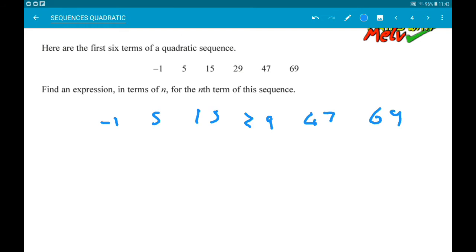So minus 1 to 5 is 6. 5 to 15 is 10. 15 to 29 is 14. 3 of them will do.